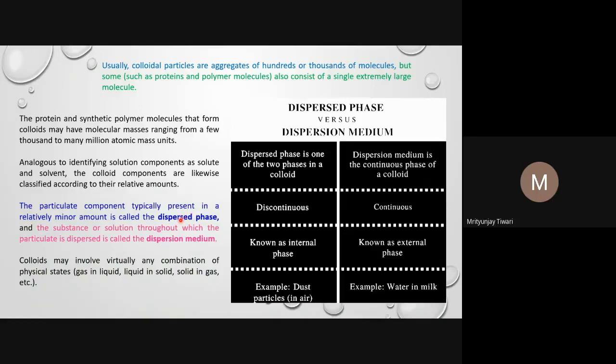So in colloidal solutions the solute is the dispersed phase, and the solvent is called the dispersion medium. So the dispersed phase is dispersed in the dispersion medium. Dispersed means distributed, separated out.